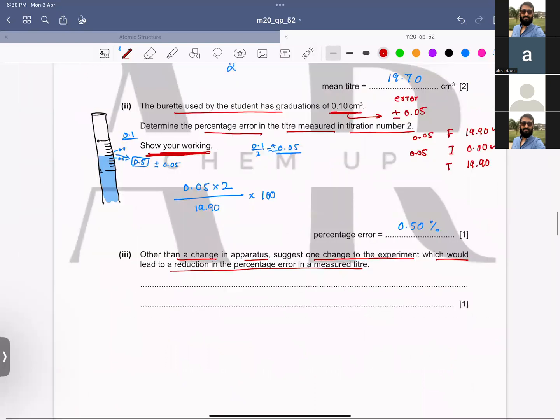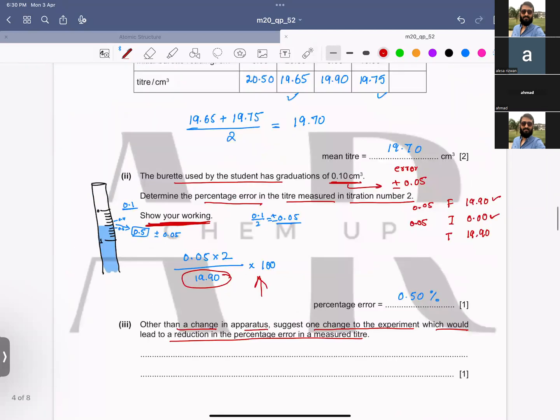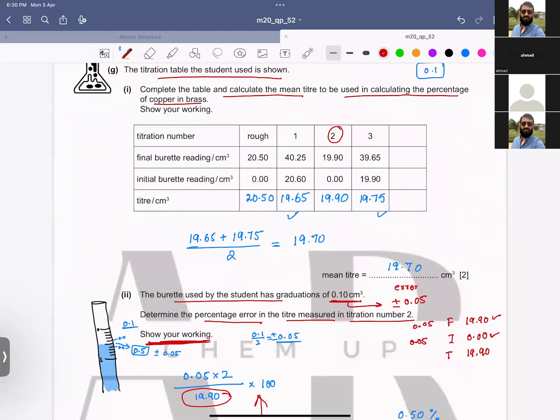Can I reduce this percentage error if this volume is increased? Yes. So this volume is actually... Your voice is lagging.